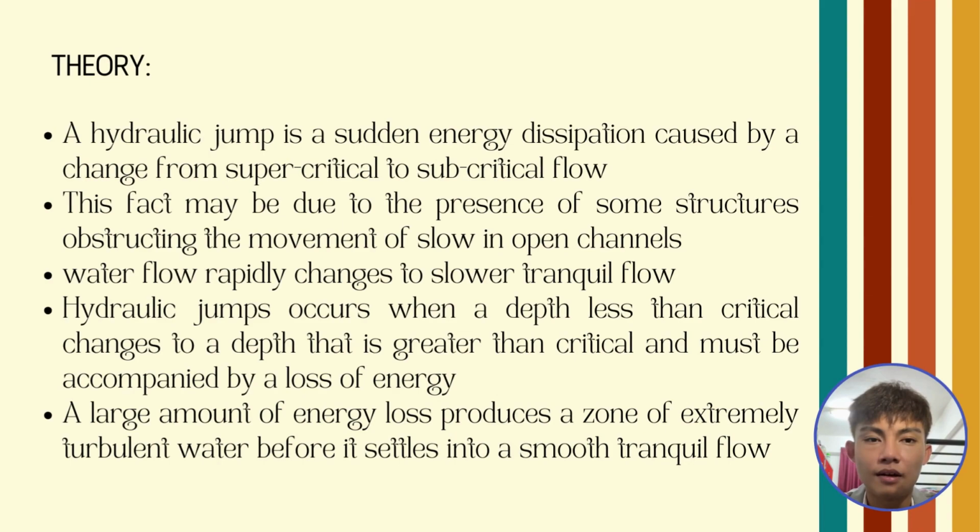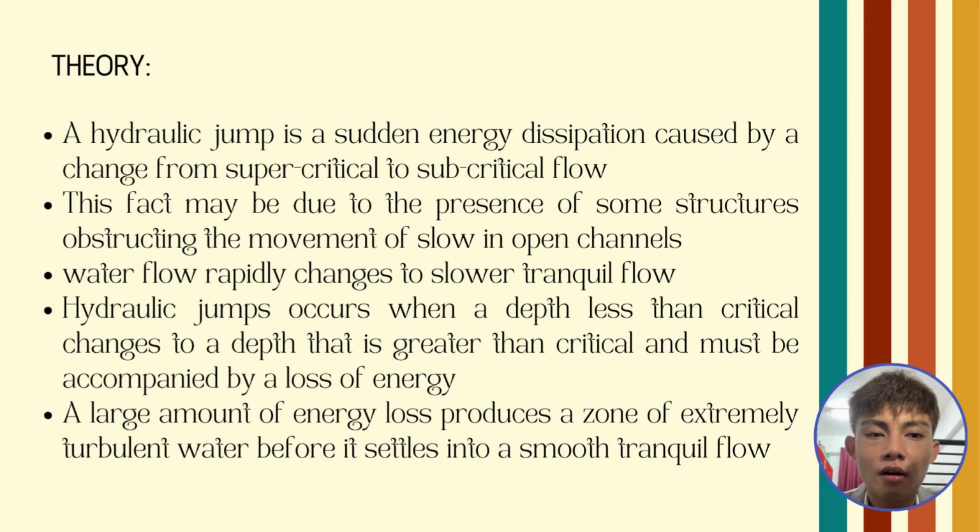In this slide, I need to explain the theory of the hydraulic jump. As we know, a hydraulic jump is a sudden energy dissipation caused by a change from supercritical to subcritical flow. This may be due to the presence of some structure obstructing the movement of flow in an open channel. So it means the flow of the water was obstructed by a structure.